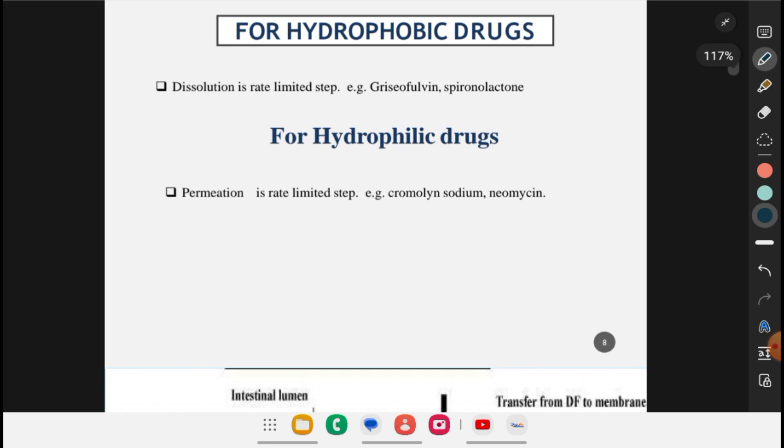For lipophilic drugs, dissolution is rate limiting. Examples of such drugs are griseofulvin and spironolactone. For hydrophilic drugs, permeation is rate limiting, like bromelain, sodium, and neomycin, etc.